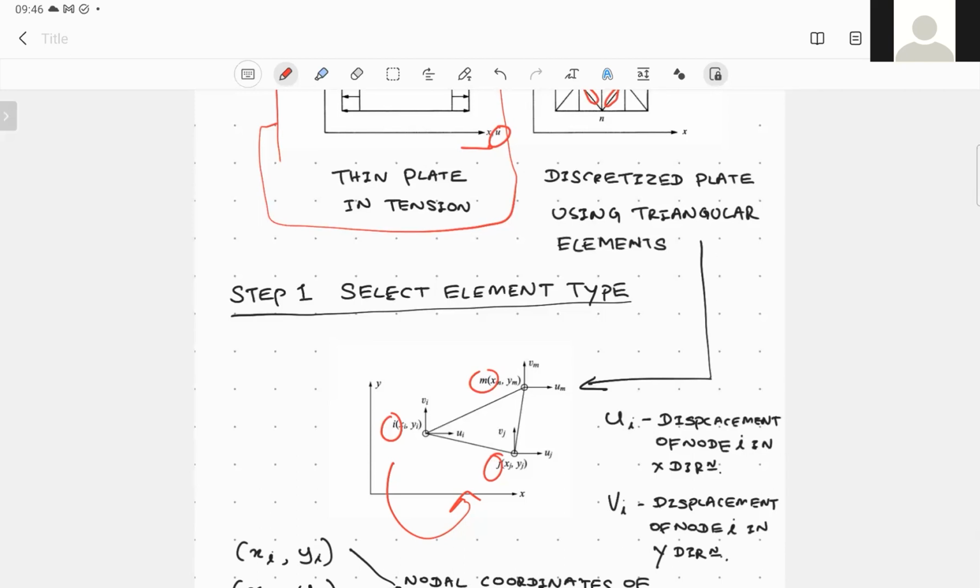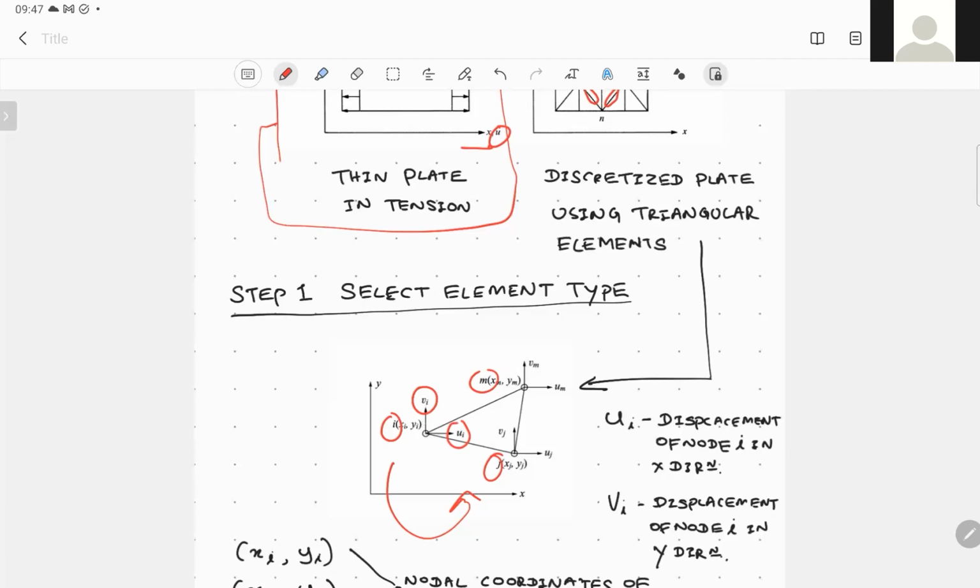For each node, you can see the displacement functions. The displacement components of each node in the x direction and y direction are written using u and v. So the displacement of the ith node in the x direction is ui.